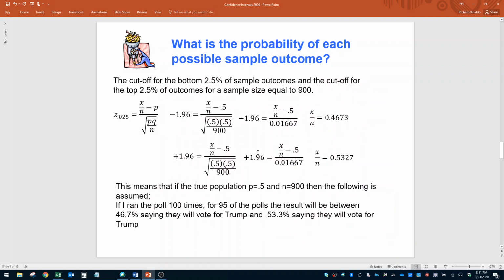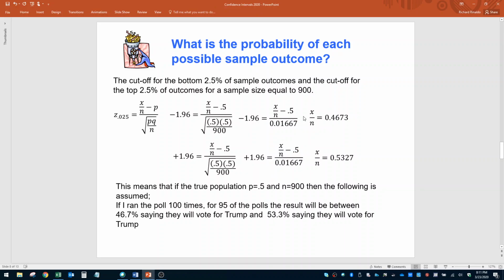Okay, here's the calculation. The standard deviation is 0.5 times 0.5 divided by 900. Take the square root of that, which gives me a value of 0.01667. Here are the z-scores I talked about before, plus or minus 1.96. Solve for that.